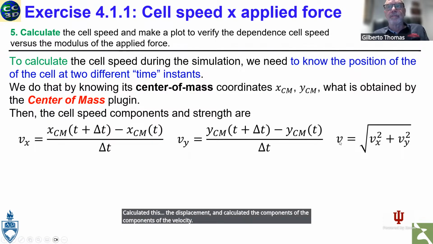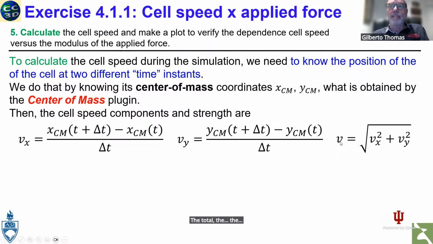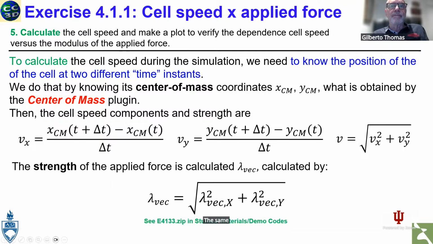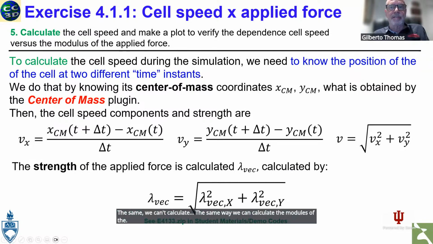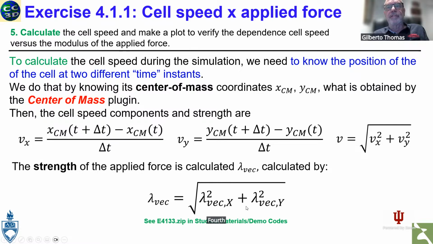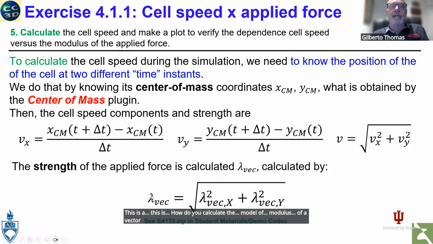The modulus of the velocity is calculated this way. The same way we can calculate the modulus of the force, the square root of the sum of squares of components. This is how you calculate the modulus of a vector. Okay?